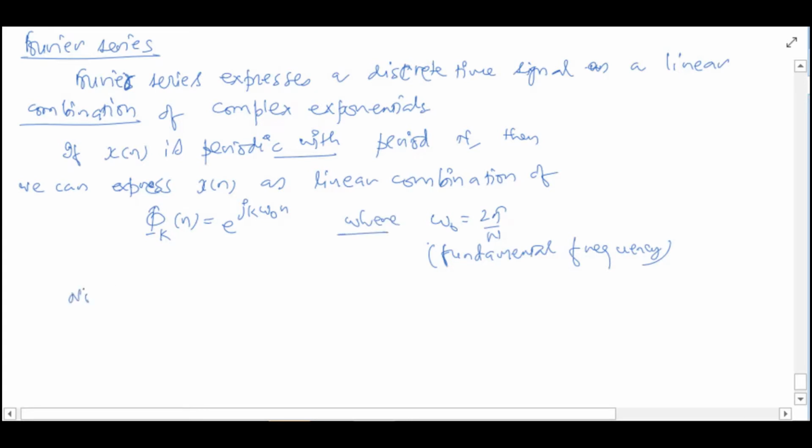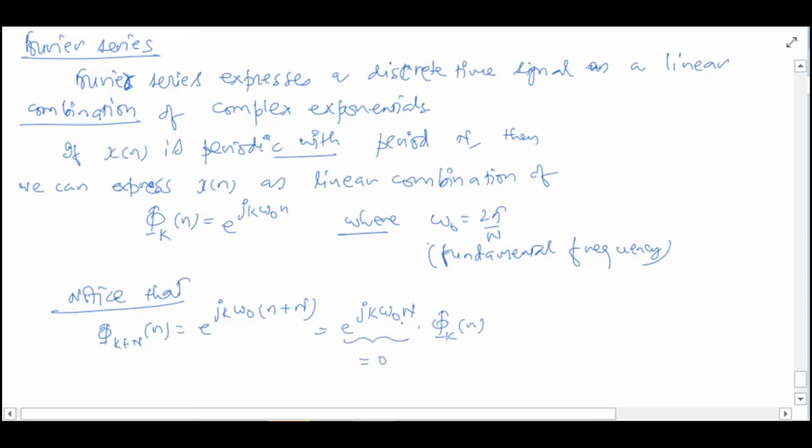Notice that phi k[n plus capital N] will be e raised to j k omega naught times (capital N plus small n), which will be e raised to j k omega naught capital N times phi k[n], and this term is 1. Why? Because omega naught times capital N is 2 pi.